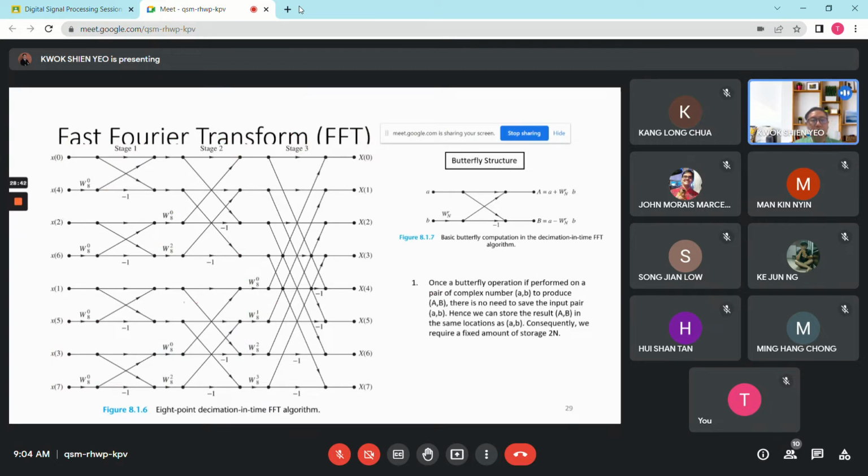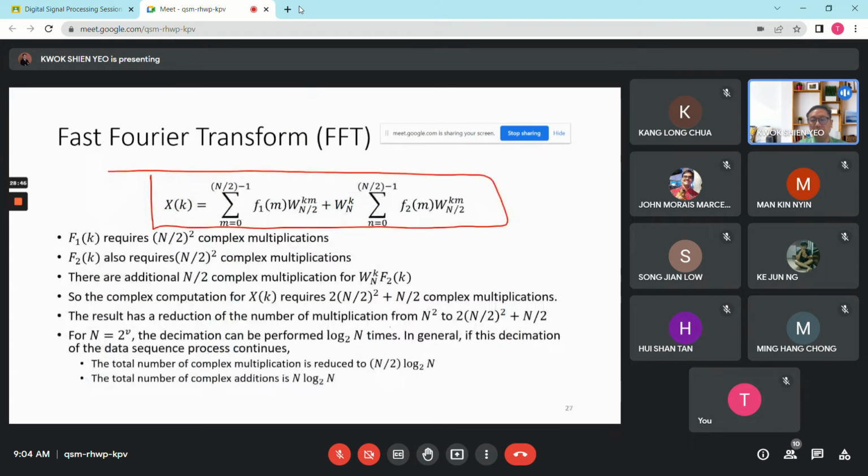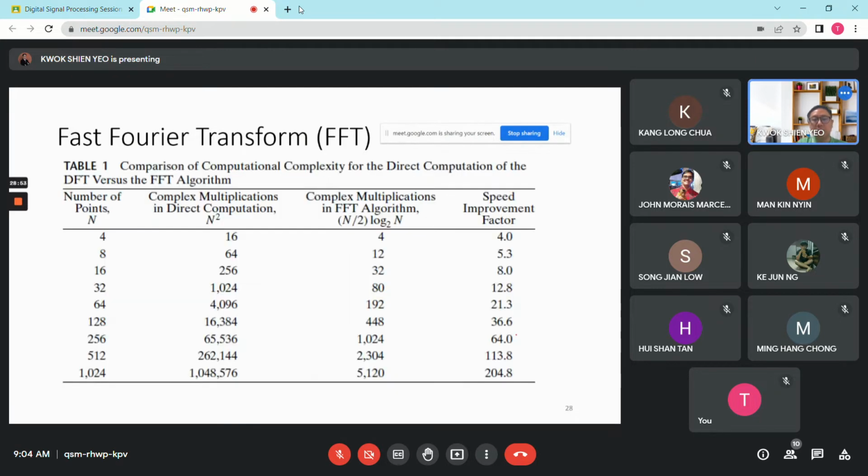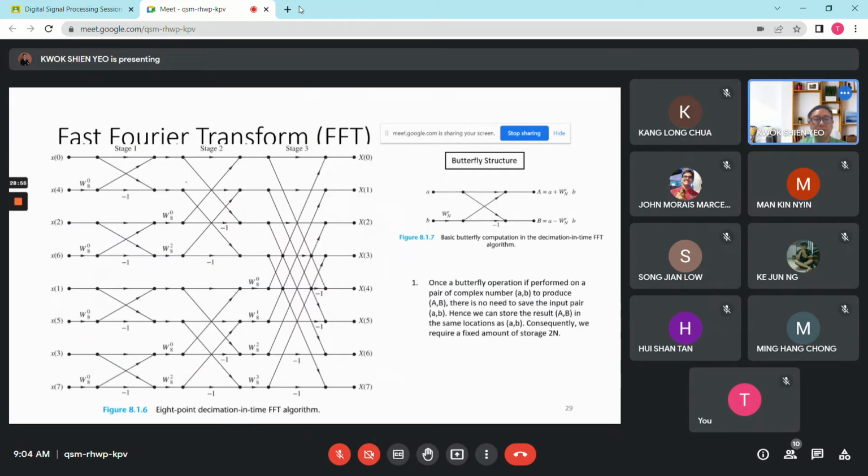If you look here, if n equals 8, you get 12 complex multiplications. You see, one butterfly structure takes one multiplication. So how many butterfly structures are here? There is one, two.